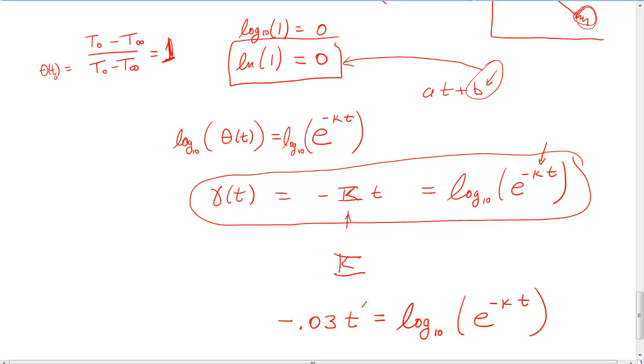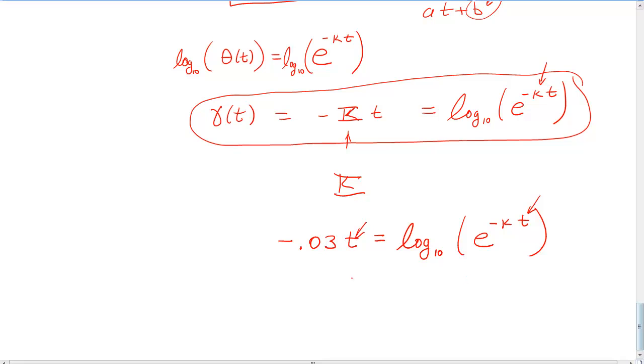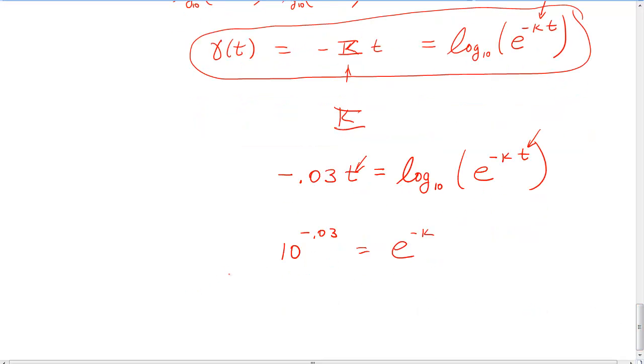All I have to do is stick in just 1 second, and then I can do 10 to the minus 0.03. So if I do that, then what I get is equal to e to the minus k. And then what I can do is take the natural log of this. That will give me a number. And let me find that out.